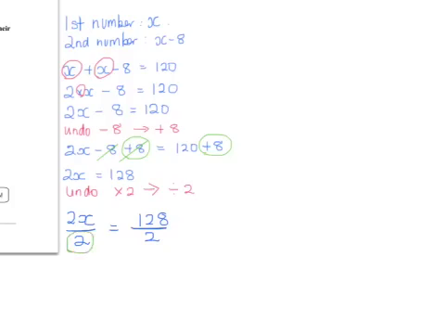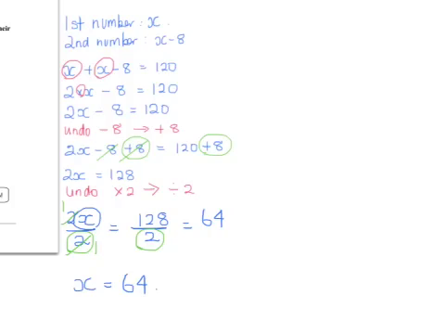I've done exactly the same thing to both sides of the equation, so that means the equal sign is still balanced. Now I can cancel out here. 2 goes into 2 once, 2 goes into 2 once, and 128 divided by 2 is 64. So I'm left with x, there is x all on its own, is equal to 64.